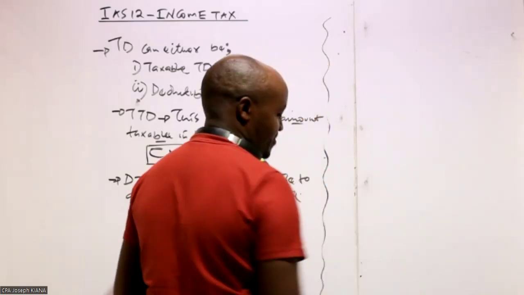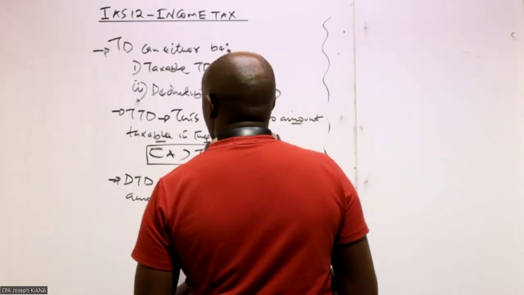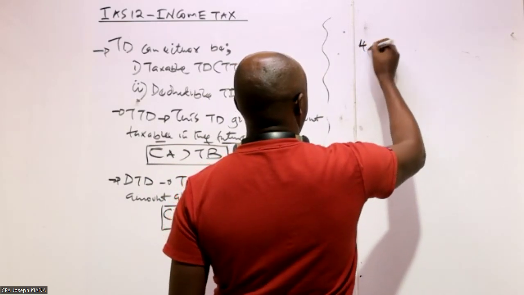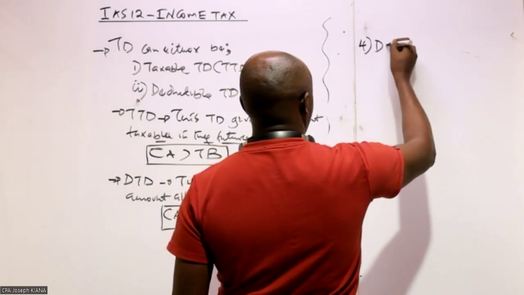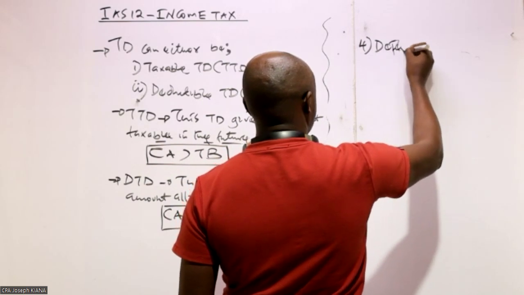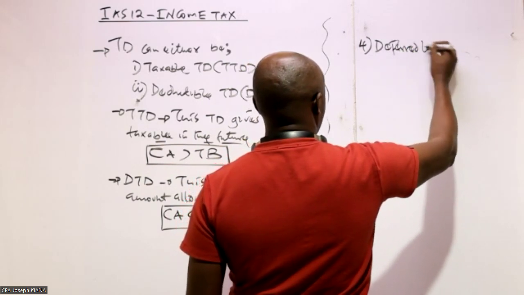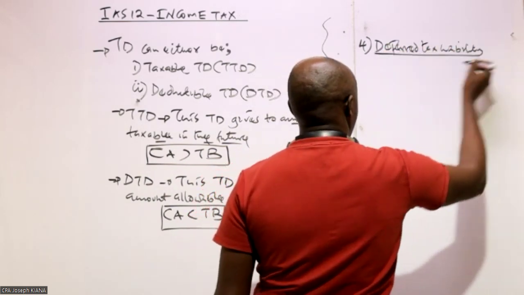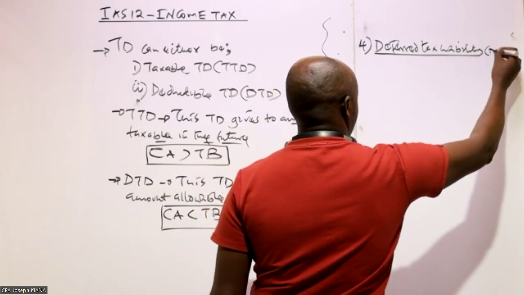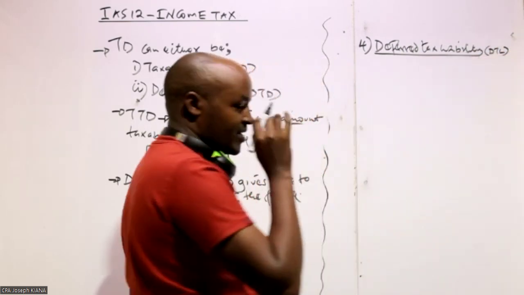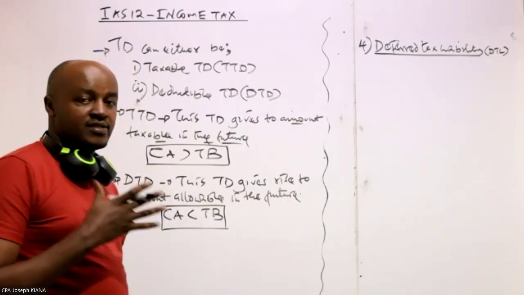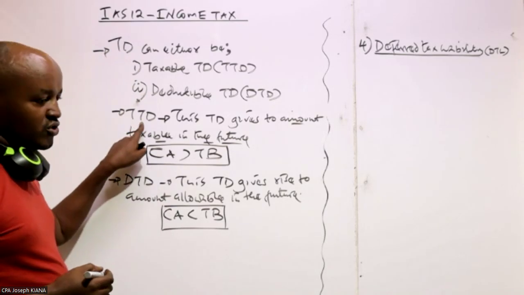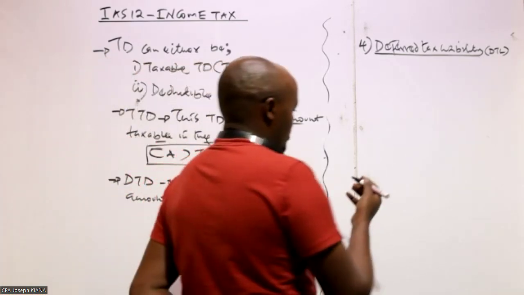Let's define term number 4, and that is the deferred tax liability, abbreviated as DTL. A deferred tax liability is a tax to be payable by the company in the future in relation to taxable temporary difference.